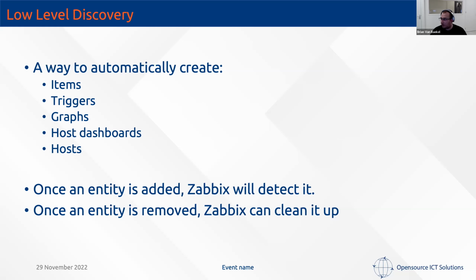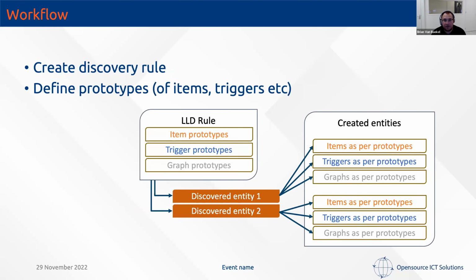That way, we have somewhat of a zero-touch configuration where Zabbix will detect things and remove them if they're not there anymore. In order to do that, we create low-level discovery rules. So we create a rule where we tell Zabbix, scan this entity or scan this type, and whatever you discover there, create items for it, create triggers for it, create graphs for it.